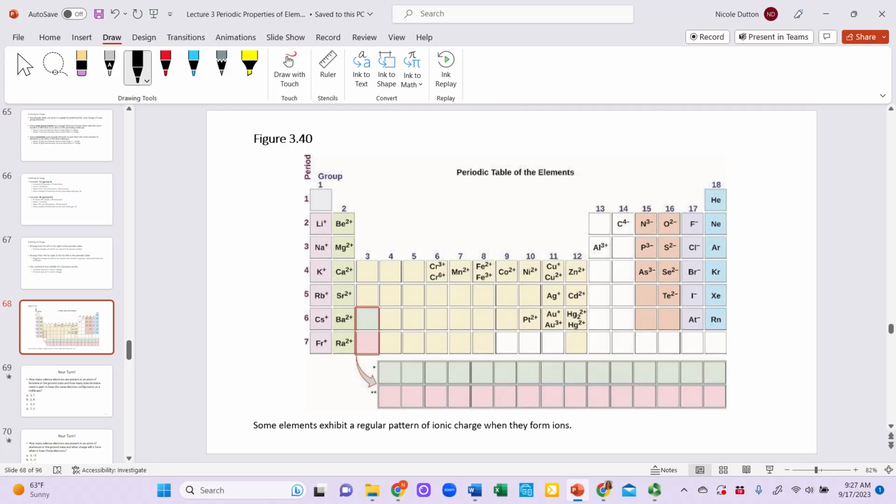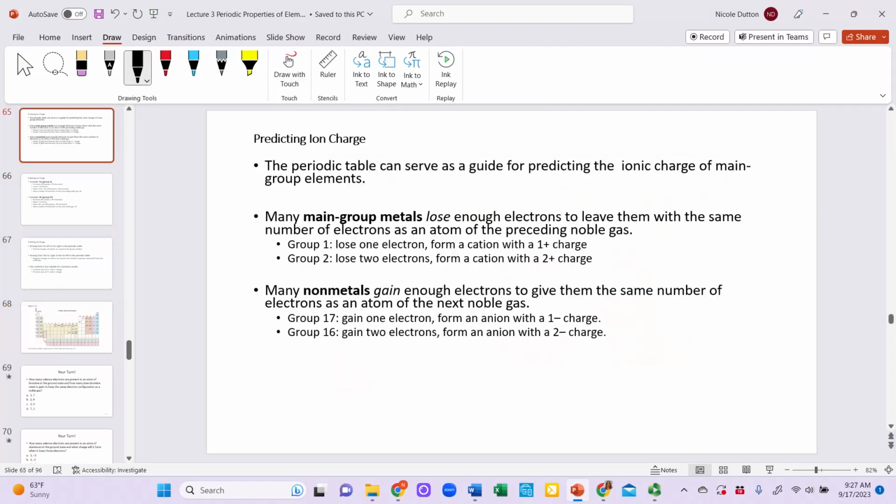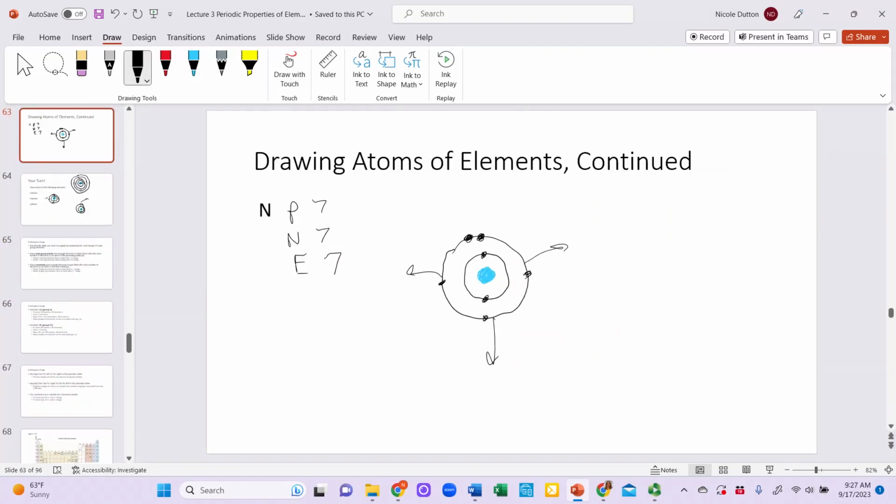But then when we get to this one over here, all of these are going to be happy if they gain 3 electrons, so become more negative by 3. Nitrogen, for example. We drew nitrogen here. So nitrogen has these 5 valence electrons. So these guys are happy, but this one wants to be paired up.